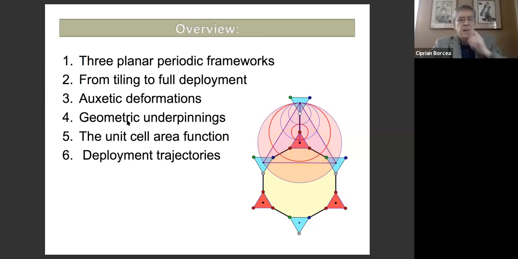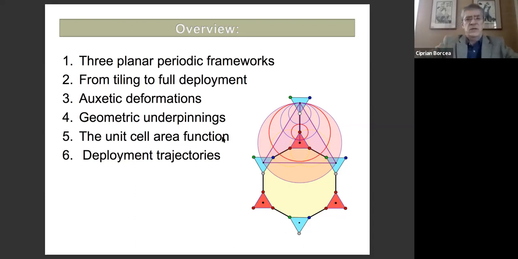over here. Then I will go to explain some geometry underlying the setting we'll be in, and then focus on a very important function guiding the deformation of these structures, namely the unit cell area function.